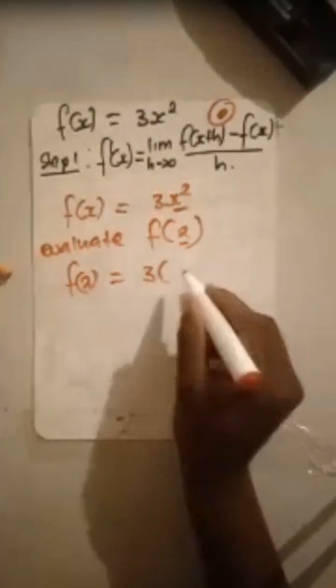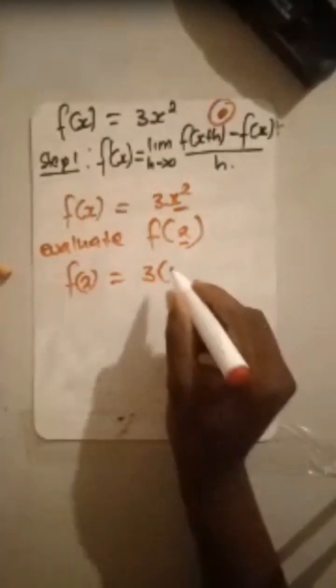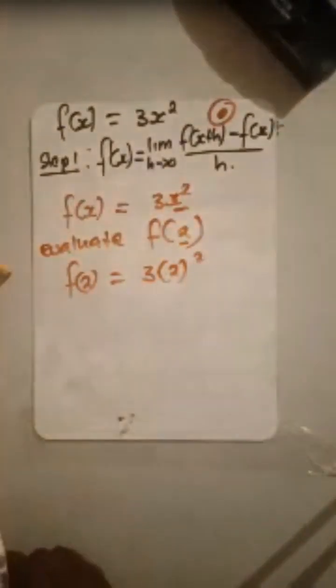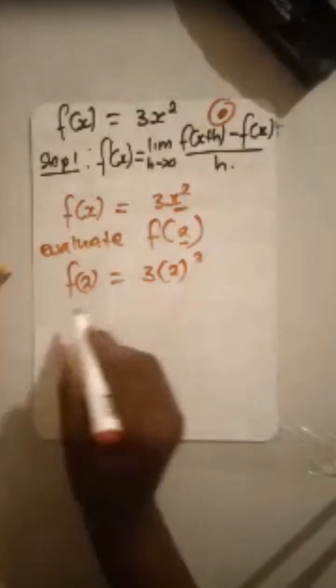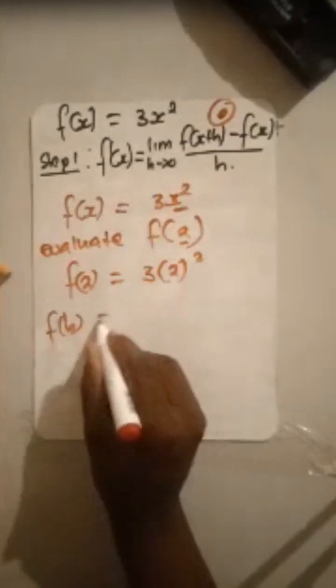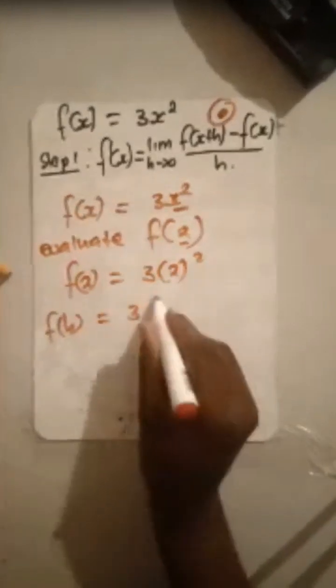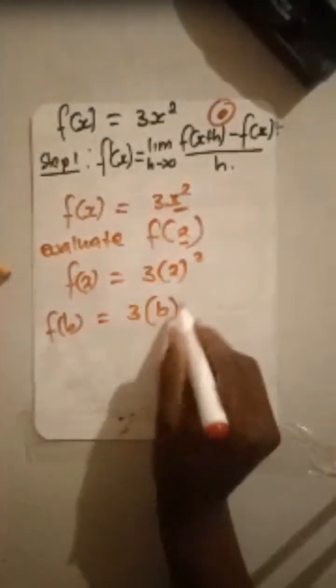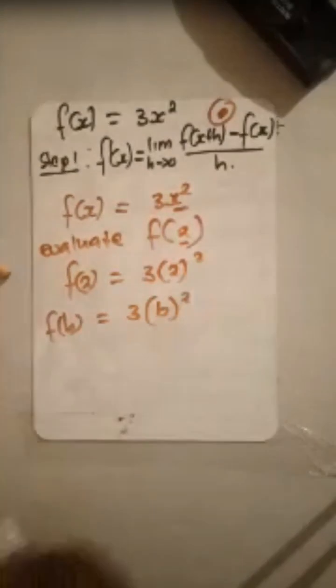When I substitute, what do I put? Brackets, squared. If the question says evaluate f of b, it means that this is going to be 3 in brackets. Where there's x, I'm going to substitute by b, then squared.